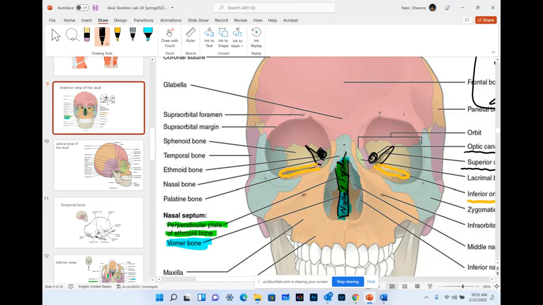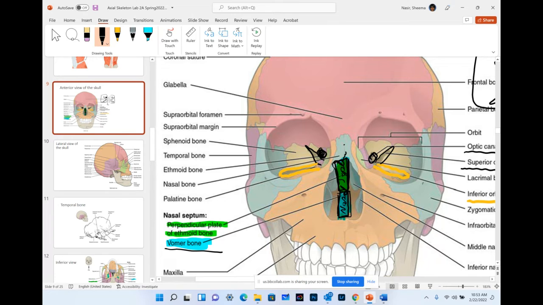The top bone is your perpendicular plate of ethmoid, and the bottom part is made up of vomer bone. Is that clear? So the nasal septum is made up of two bones. The top part is your ethmoid bone. Okay? And that is all for the bones of the skull.